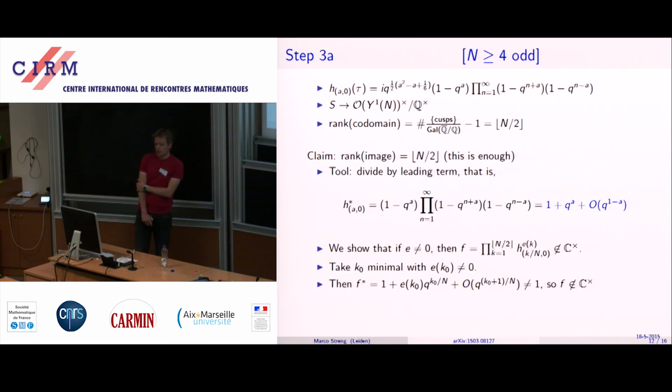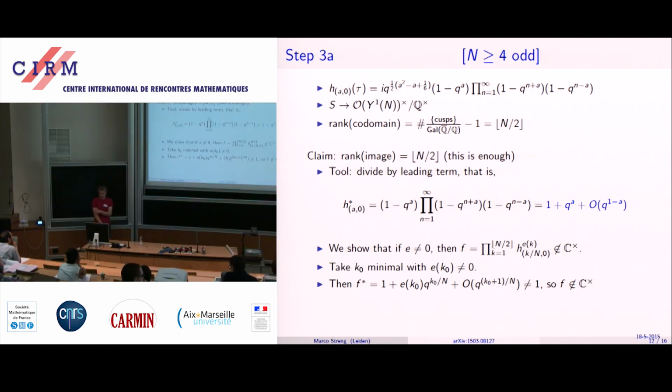Okay, so as I said, I'm going to show that these functions are all multiplicatively independent, even modulo constants. So that means that if we take e, a vector that is non-zero, and then I take the product of h to the power e, then we cannot get a constant out of this.